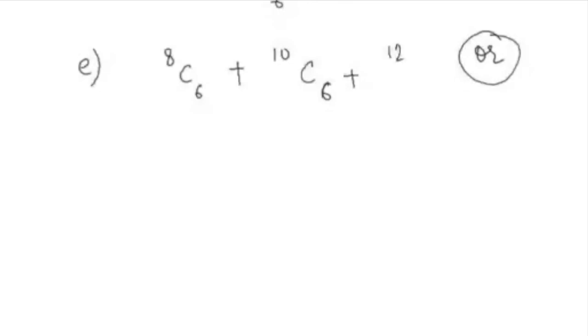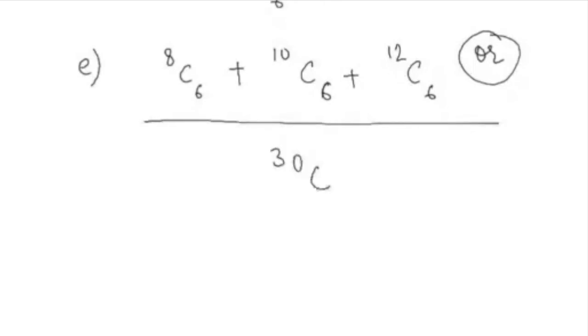So we want all the 6 to be of the same category, either Z or M or C. Now notice that we are using "or" here because we don't want 6 bottles of Z and 6 bottles of M and 6 of C. We are saying that either we have 6 of the first category or 6 of the second category or 6 of the third category. So that's why we'll be using plus here, divided by the total number of ways in which we can select 6 from 30, which is 30C6. So this will be your answer.